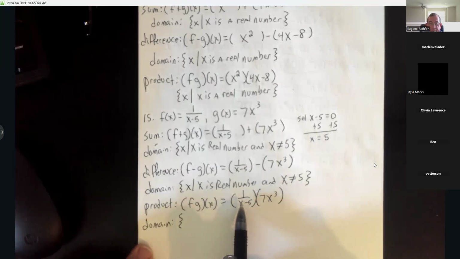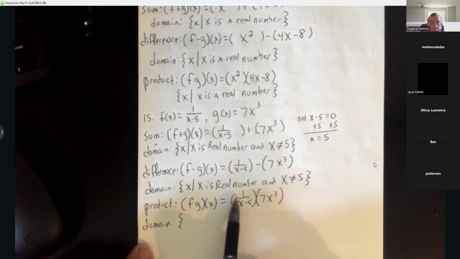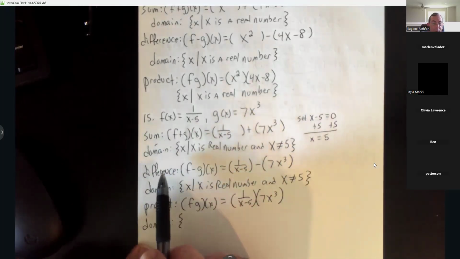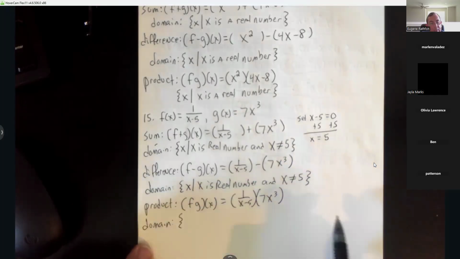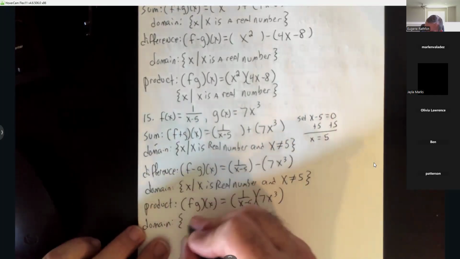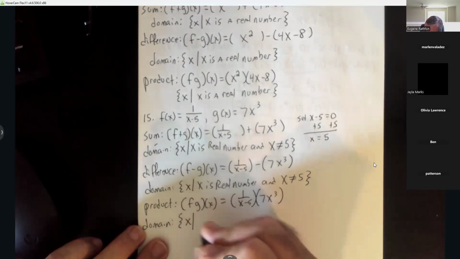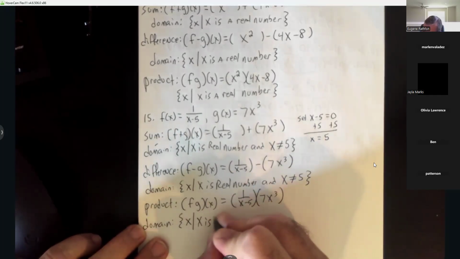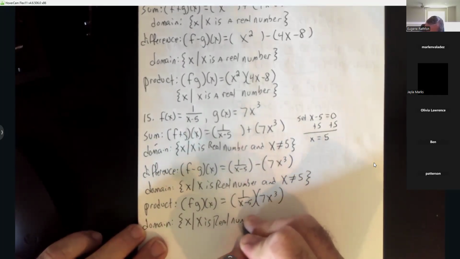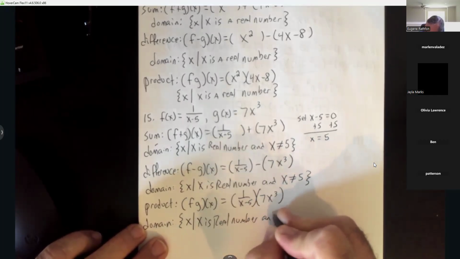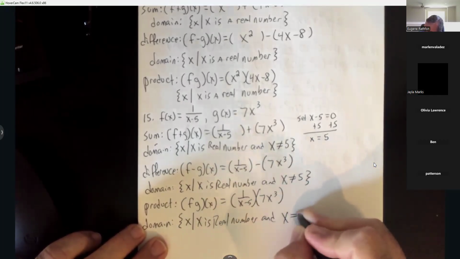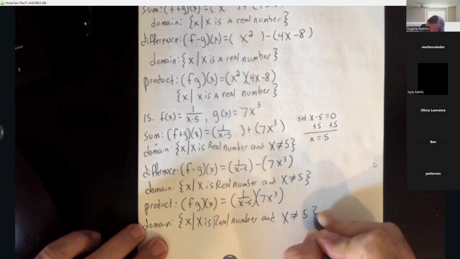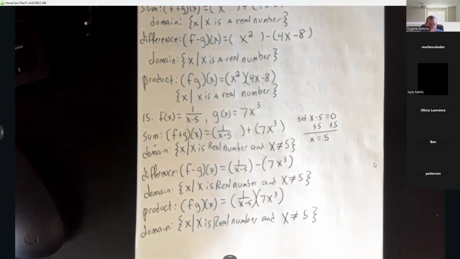You put a 5 in there. 5 minus 5 is 0. 1 divided by 0 is undefined. And I can't multiply undefined by anything. So look here. Adding, subtracting, and multiplying will always have the same domains. So x such that x is a real number and x cannot equal that positive 5.